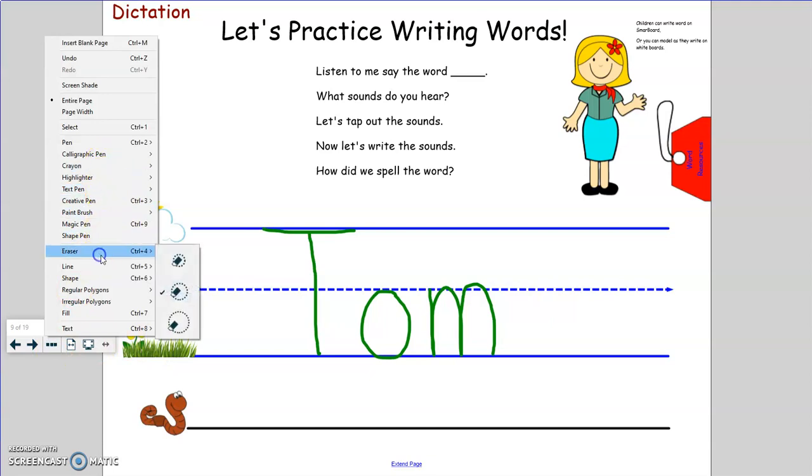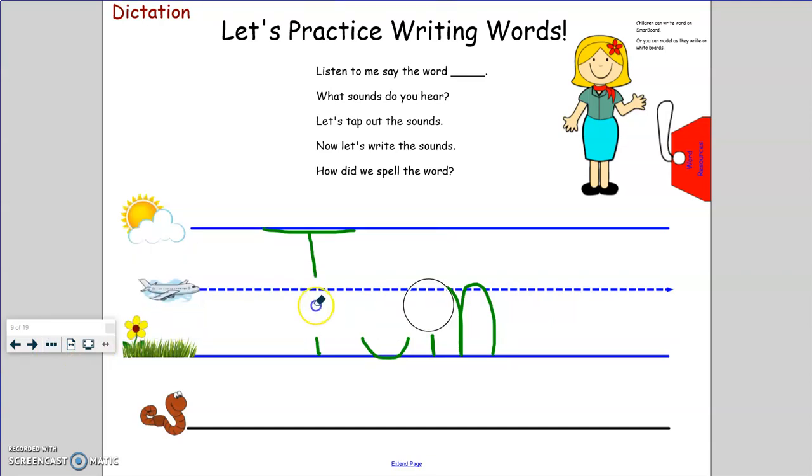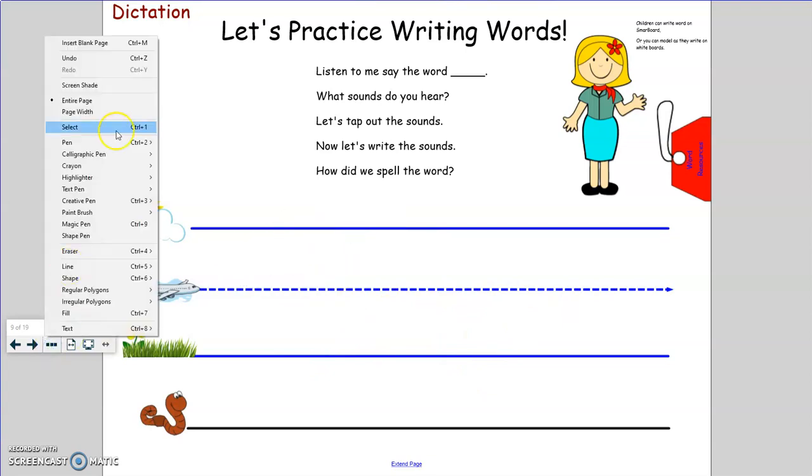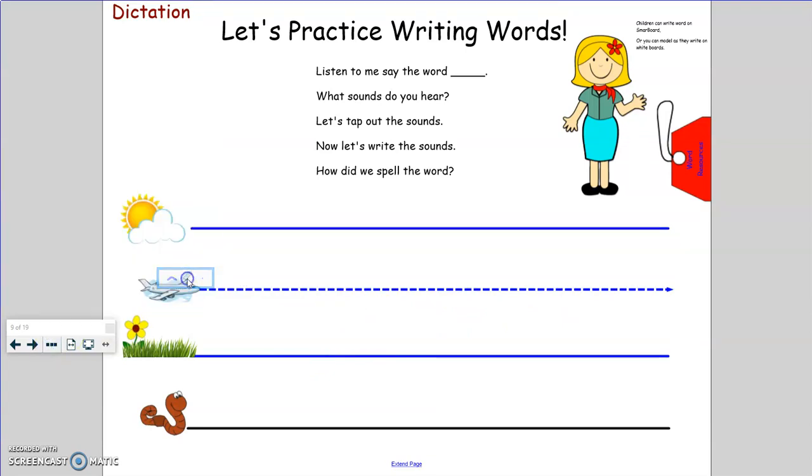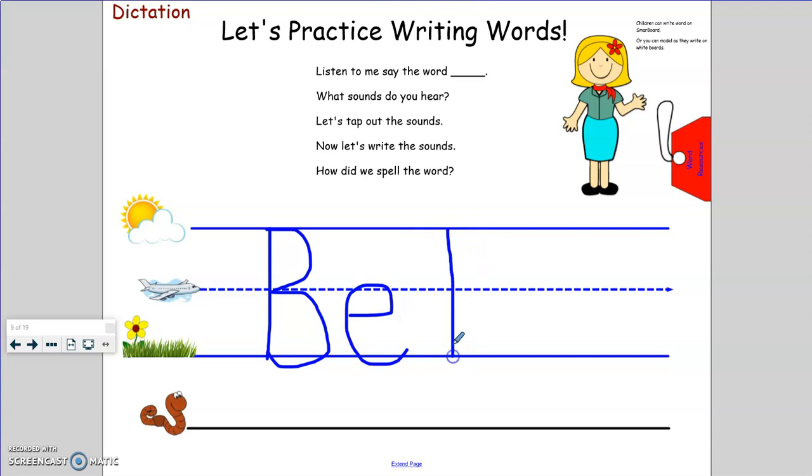Let's try another name. I'm going to try to write a name that has a digraph in it. Okay, the next name. This is a girl's name. Tap it out because we know all the sounds in this word. This word has a digraph at the end.